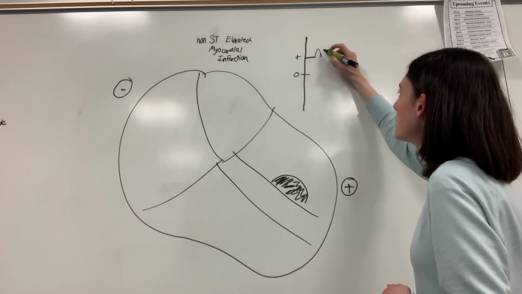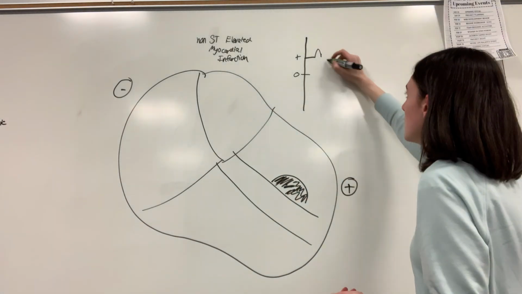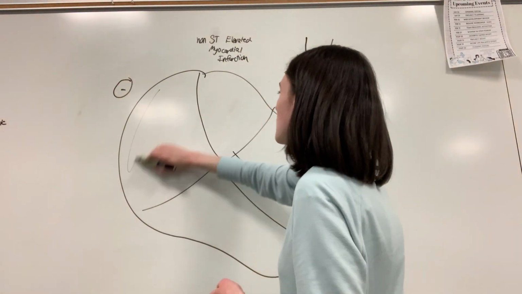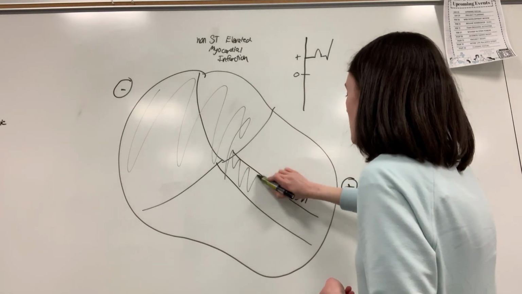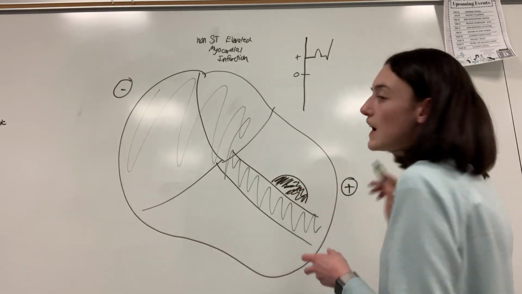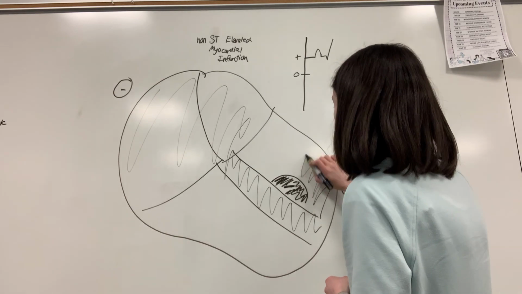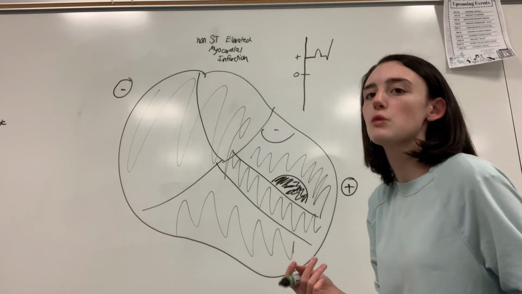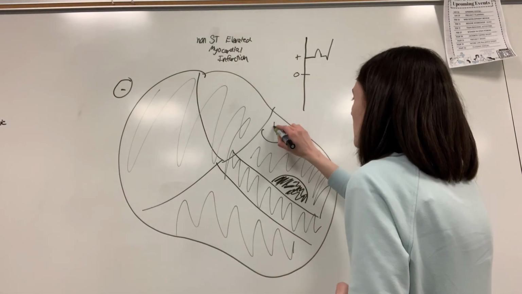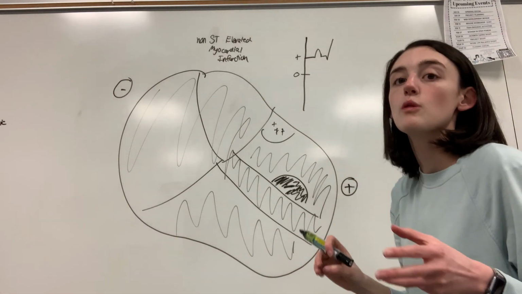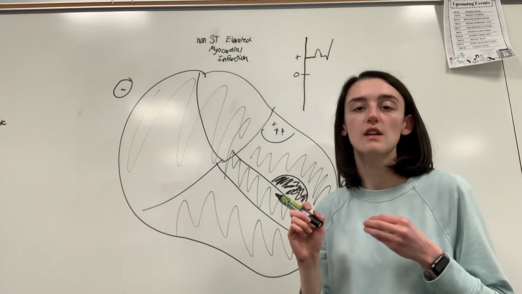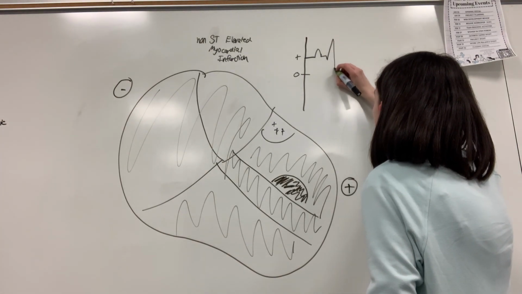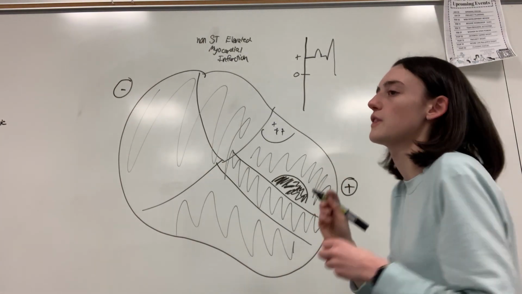So our P wave is going to be the same because nothing happens in the atria. Our Q and R wave are going to be the same. So I'm going to go ahead and let the heart be depolarized like it normally is. But then once we hit the S wave, that's where things get interesting. By the time we hit the S wave, pretty much the whole heart is depolarized except for that one corner, and that's where we are no longer going to see a dipole in the reading, and so the EKG is going to read that as being at the baseline again.